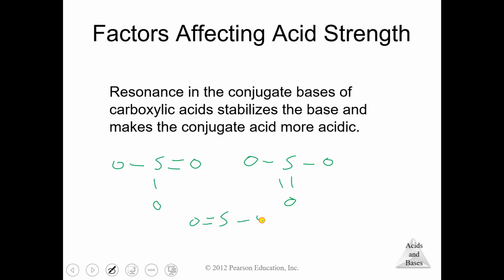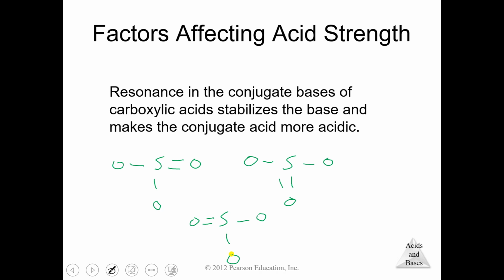And what's actually happening is that within this molecule, the double bond is constantly changing between the different oxygens that are present. Okay, so when we're talking about resonance, we're talking about the movement of double bonds around a central atom.